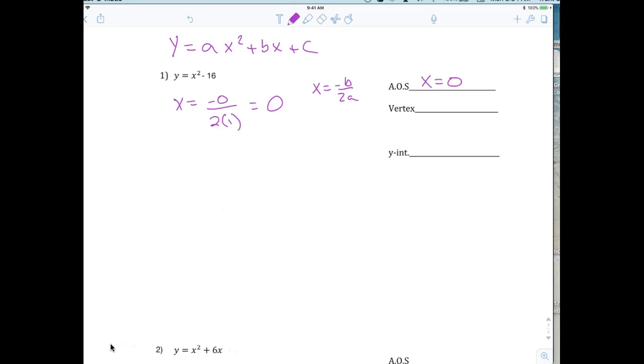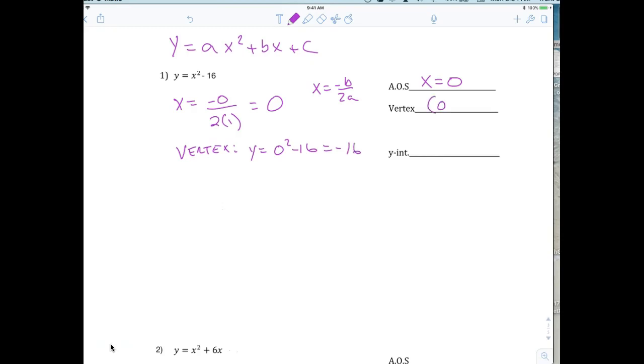Now, to find the vertex, I plug 0 into the equation. That's all I have to do. Plug 0 into the equation. So my vertex is y equals 0 squared minus 16, which is negative 16.